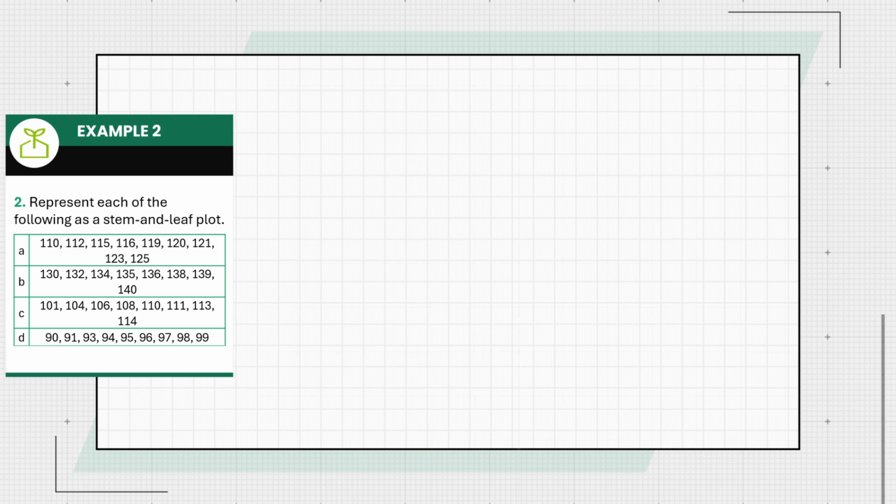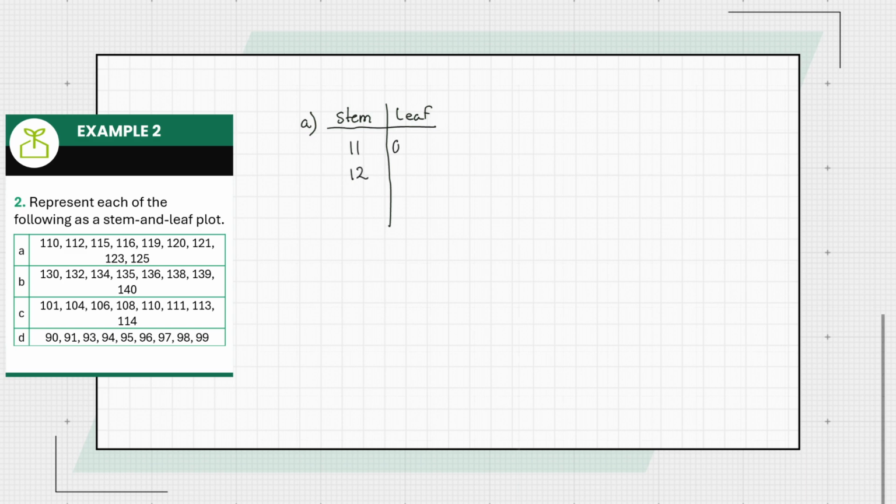Okay, let's get started. So for A, we are going to do a stem and leaf graph for 110s and 120s. So let's draw that in. Here's our stem, here's our leaf, and we're going to put 11 for 110s and 12 for 120s.